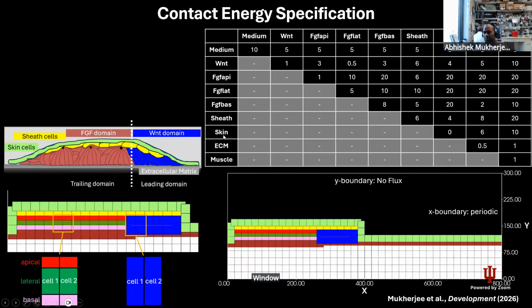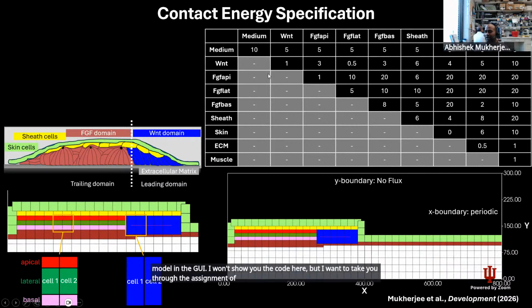And then when you finish making this model in the GUI, I won't show you the code here, but I want to take you through the assignment of various contact energy properties, which is really the crux of this entire simulation system.